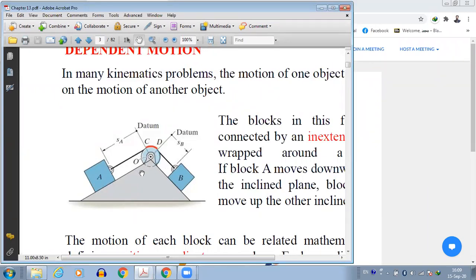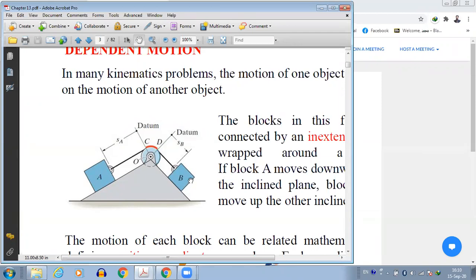Now we need to draw the datum line from this fixed reference. The datum line for particle A should be drawn such that the motion of particle A is perpendicular to the datum line. Similarly, we will draw another datum line for particle B, such that the motion of particle B is perpendicular to this datum line. So that is the second point.